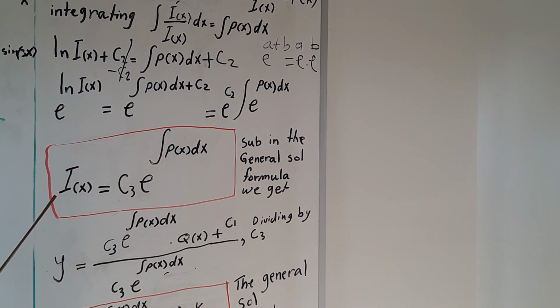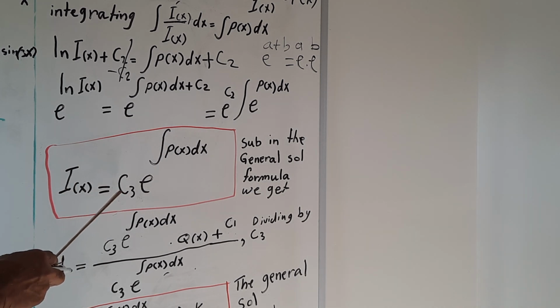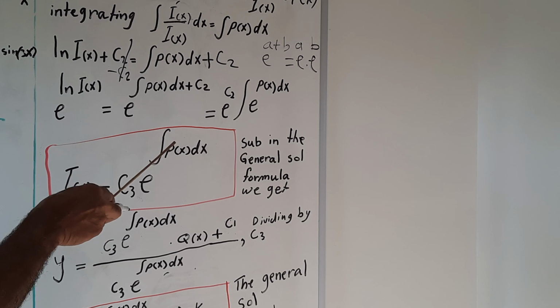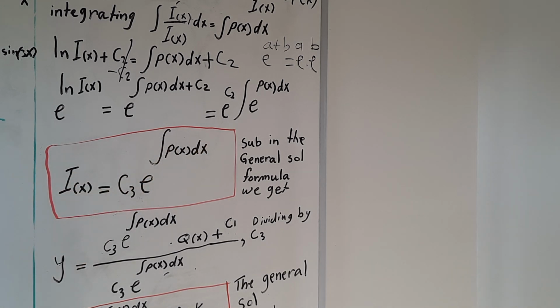Now, this is the formula of I of x: C3 e to the integral of p of x dx.